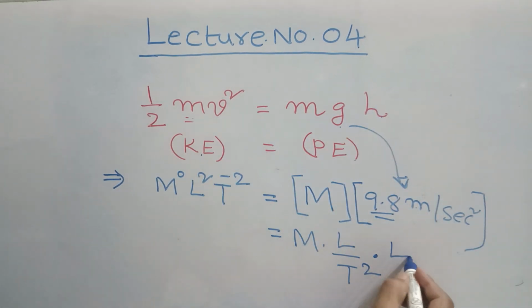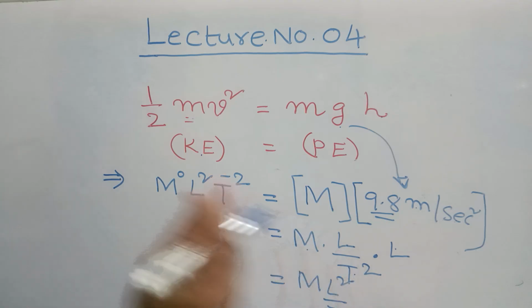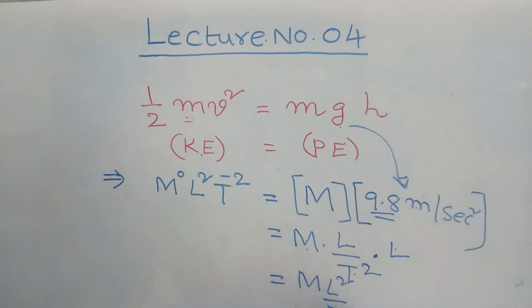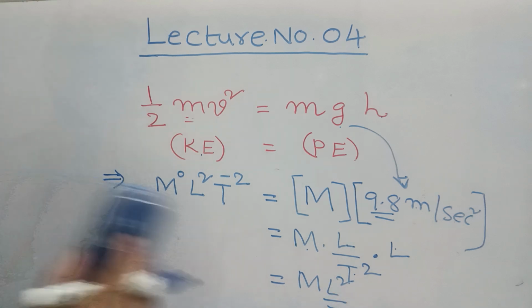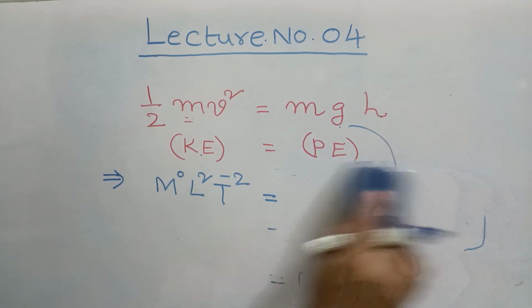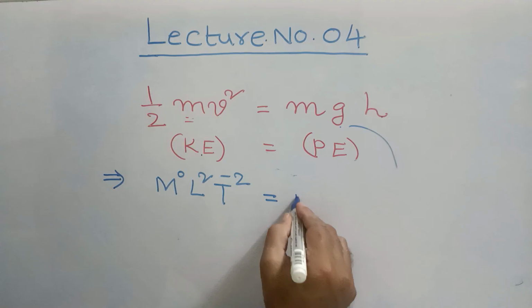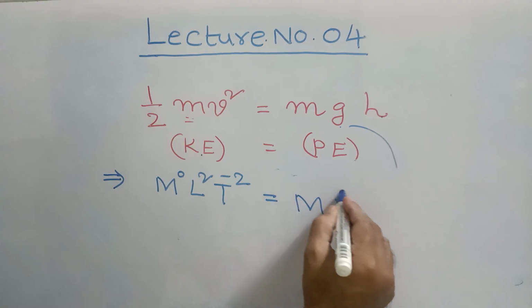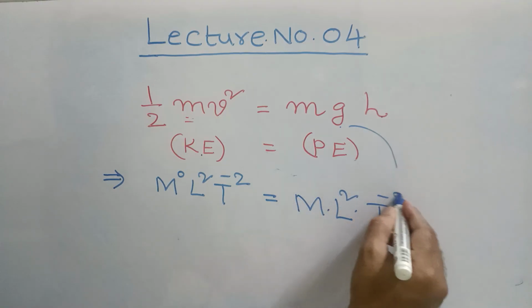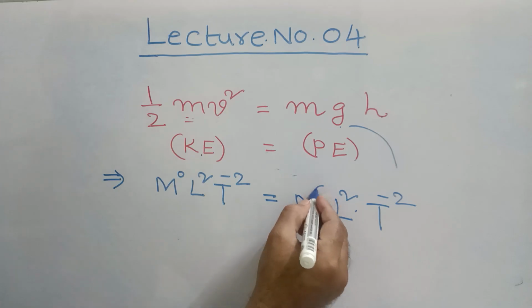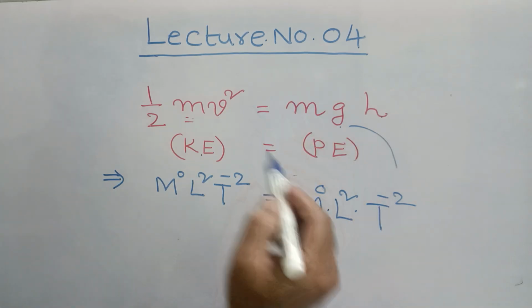Again L. Therefore, m into L into L, L square by t square. If you bring this t square to the numerator part, what you will get? It is M, L square, t power minus 2. If nothing is there, power m power 0. This is the dimension of your mgh.